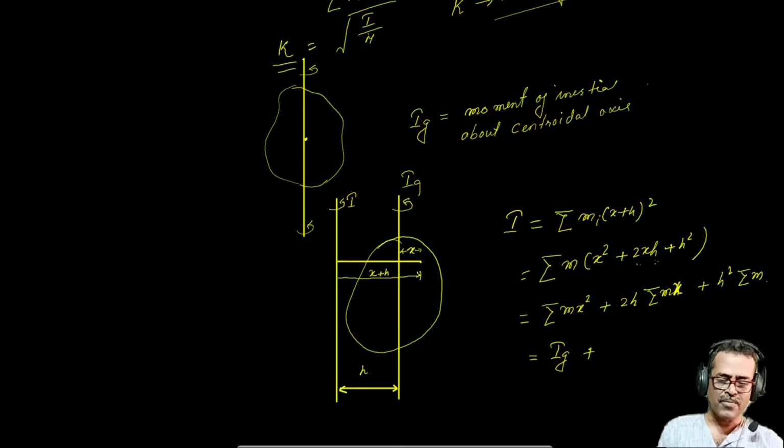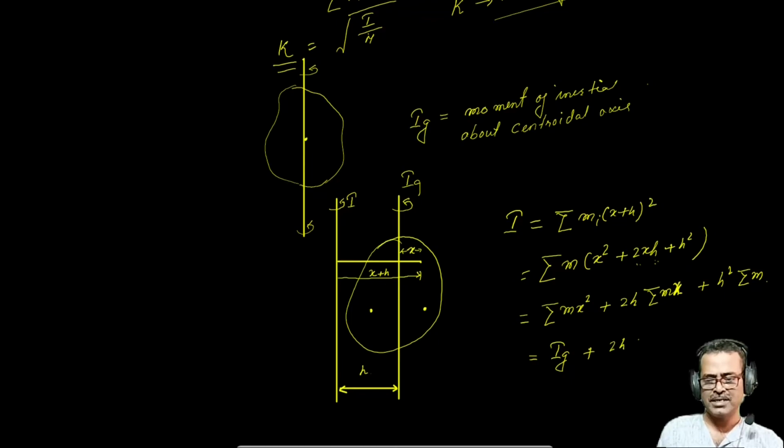Plus sigma m x is the moment of mass about the centroidal axis, because x is the distance from the centroidal axis, and we know that all masses are evenly distributed over this centroidal axis. So the net moment of the mass about the centroidal axis is equal to 0.